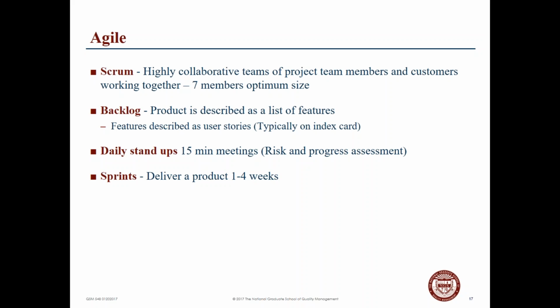The daily meetings are short in nature. They look at risk, assess risk, and they also address assessment of the progress of the project. And again, these are generally delivered in very brief spurts or sprints of one week to maybe up to a month. They're not long by any stretch of the imagination.